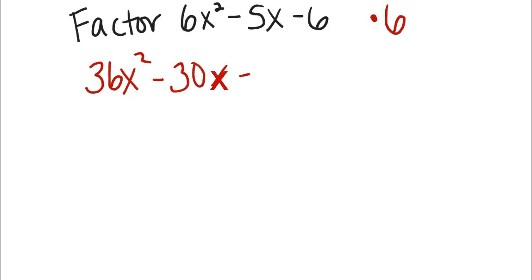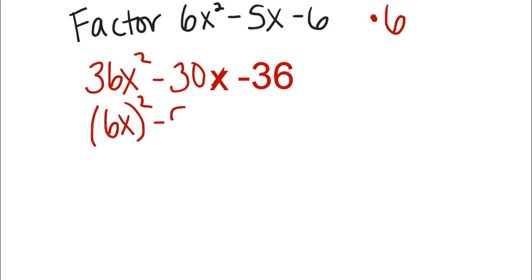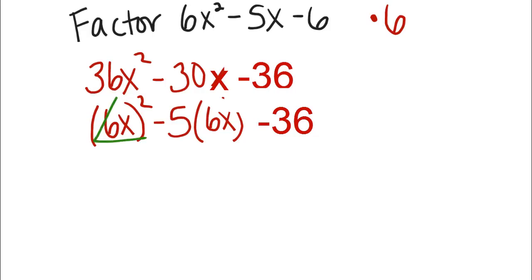What we get is 36x squared minus 30x minus 36. And we can now sort of chunk the first two terms, just like we did before, into a 6x, the quantity squared, minus a 5 times 6x minus 36. Notice how important it is for this piece to match this piece.